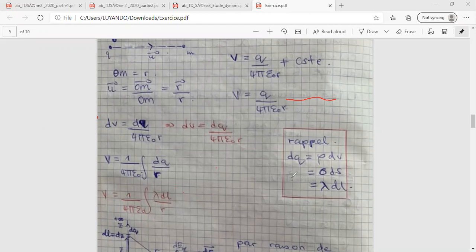Where there's dq, you can have this or this or this according to what the question told you. In our question, we've been given the densité linéaire, because we're trying to find the potential along a wire. So this goes in place of dq, and we have V equal to 1 over 4 pi epsilon 0 integral of this dl over R.